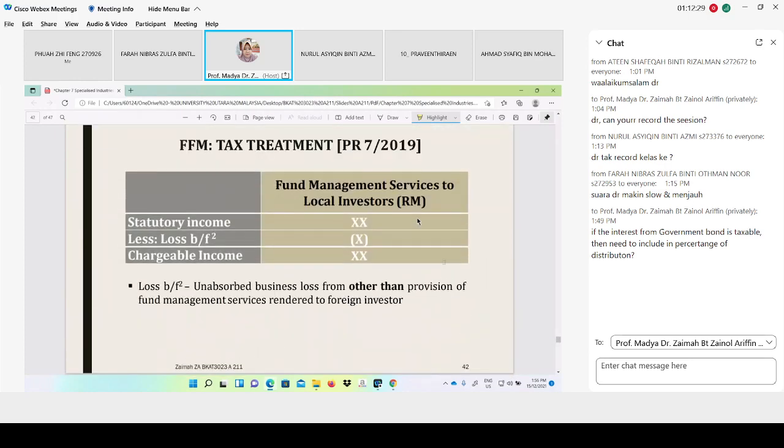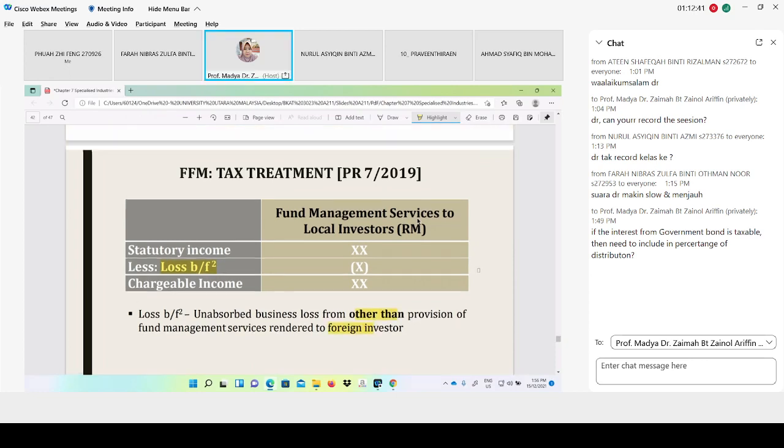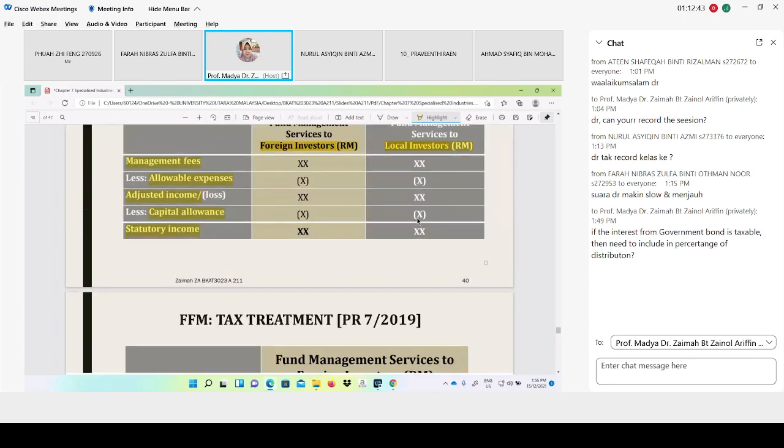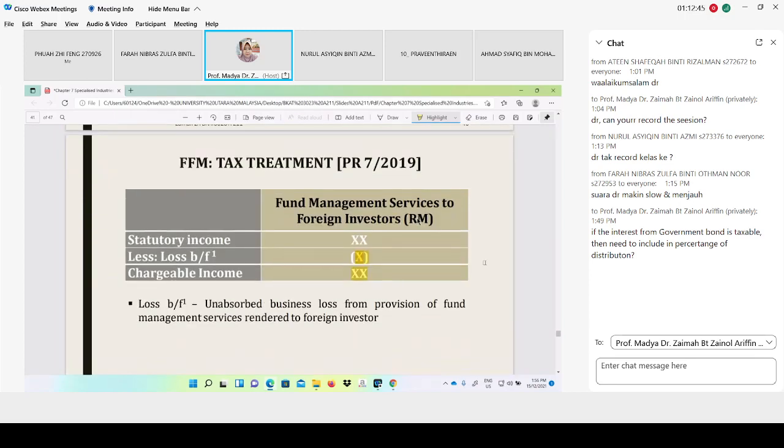The local investor is allowed to carry forward the loss brought forward, but the loss brought forward here is not from the foreign investor. Same goes for the computation of chargeable income for the foreign investor itself. The loss brought forward here is from the computation of loss from the foreign investor itself.